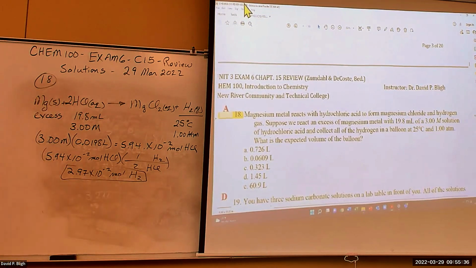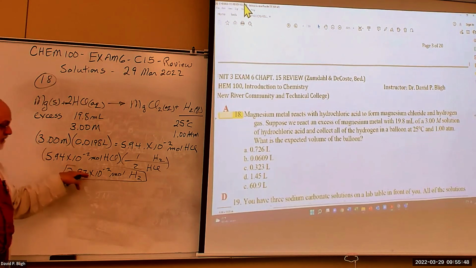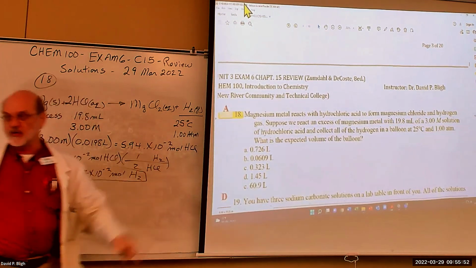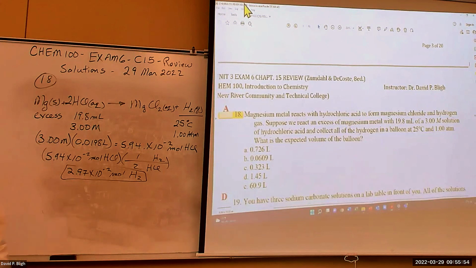So if he gave you that problem on an exam, I have to stop here because that's as far as we've gone so far. We haven't picked up gases yet. Once we do gases, you can take that information, this information, that information, and you can answer the question. But this is as far as we can go right now.